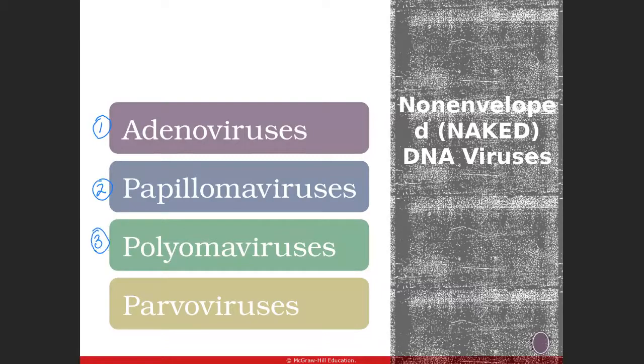So this is naked dsDNA; these carry double-stranded DNA. The parvovirus will be naked and carry single-stranded DNA. Only one, which is parvoviruses.